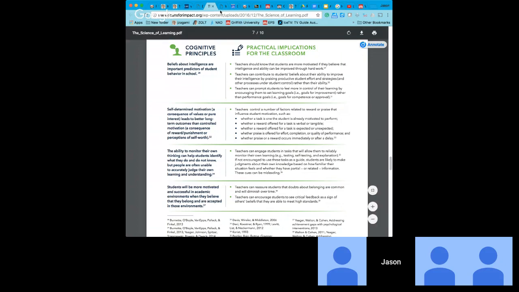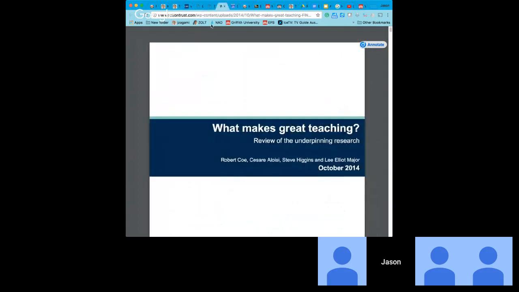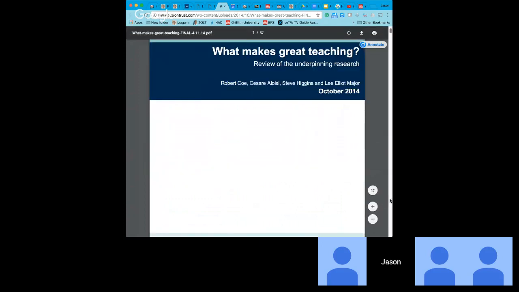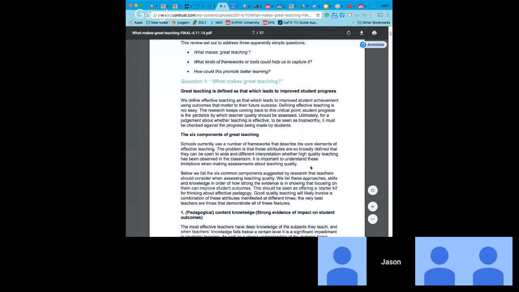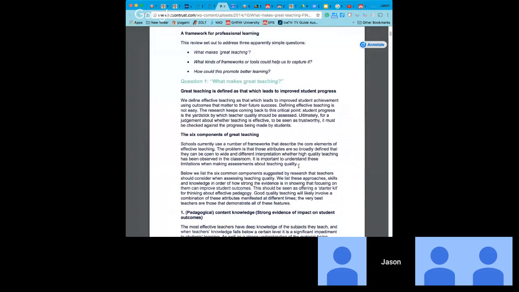Okay, so that's the cognitive approaches. Now, the last one for you to look at is around the idea of teaching. And there's been a number of reviews that have explored what is effective teaching and what's less effective teaching. Marzano and others have done their own work around this.